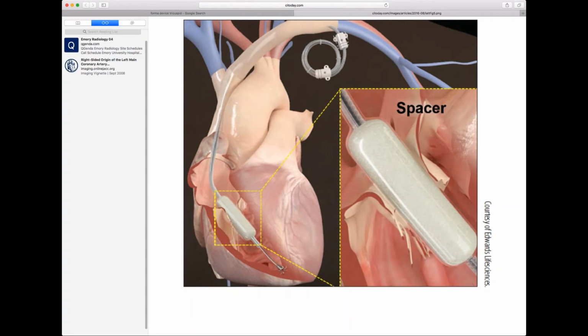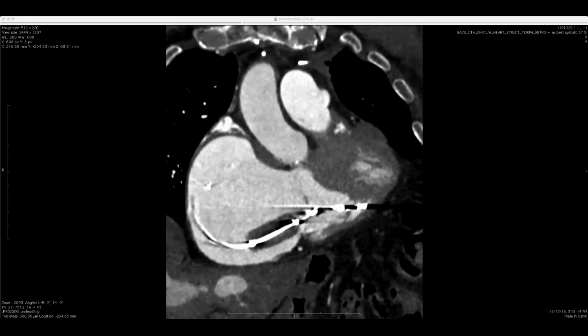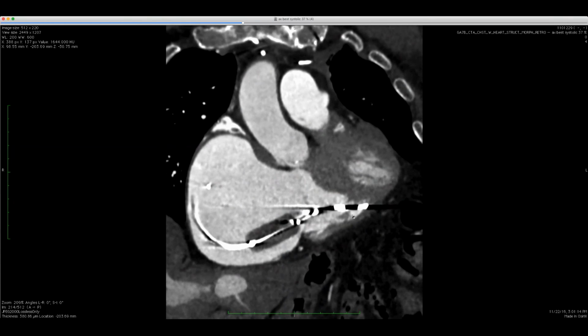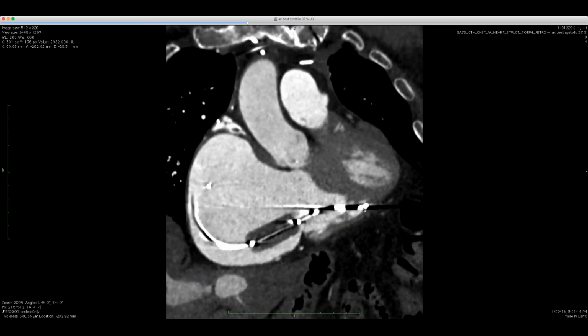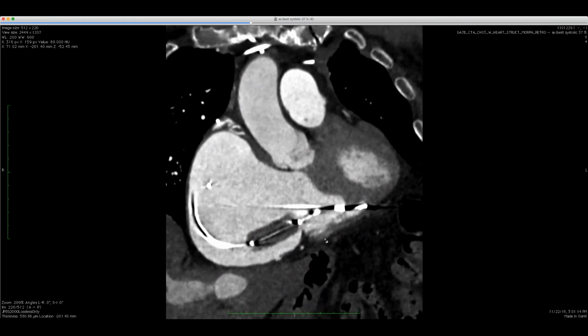So going back to the CT, this is displaced, so it's off the anchor here. The anchor has been withdrawn a bit, or it's come up a bit, and this thing is displaced. So this is just an example of a displaced Forma device.